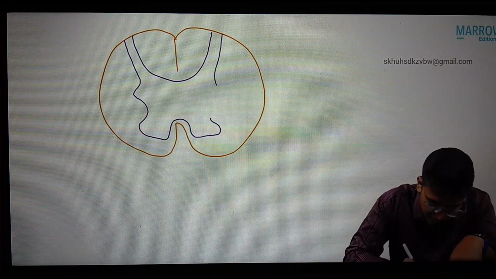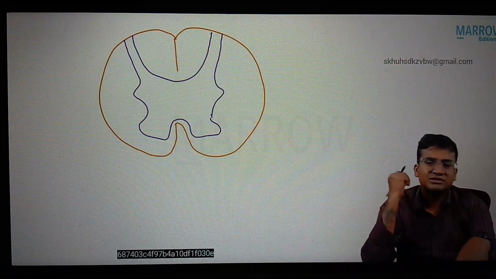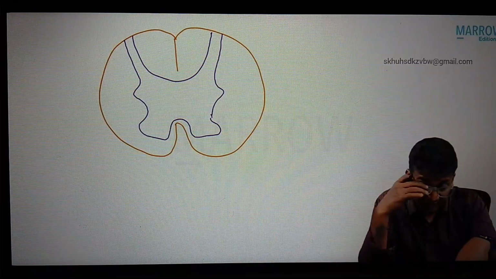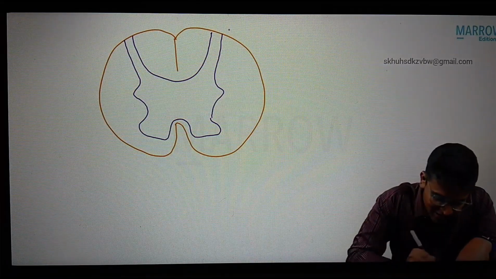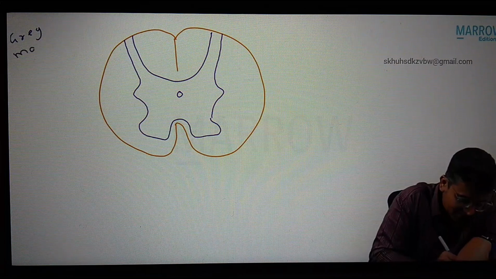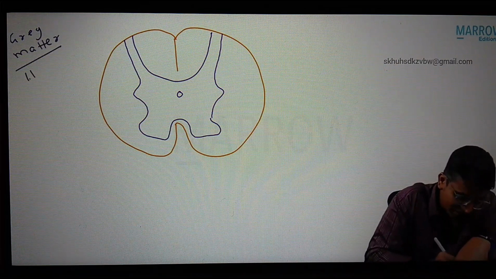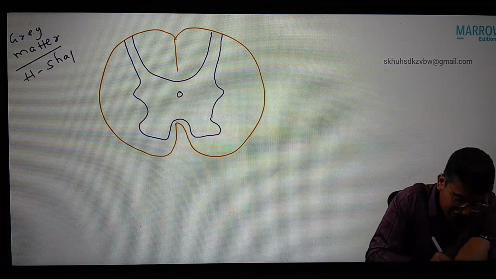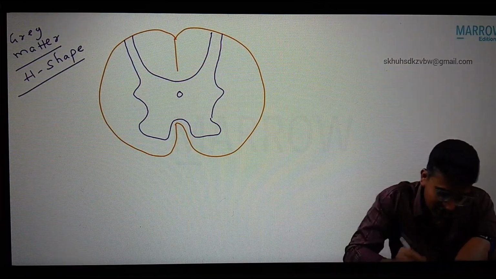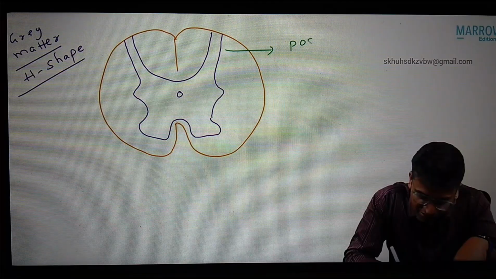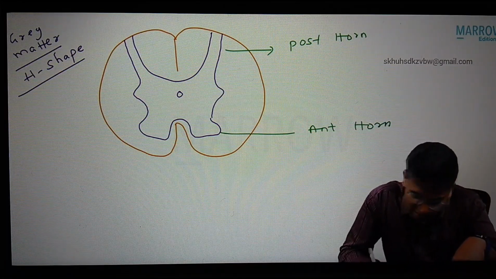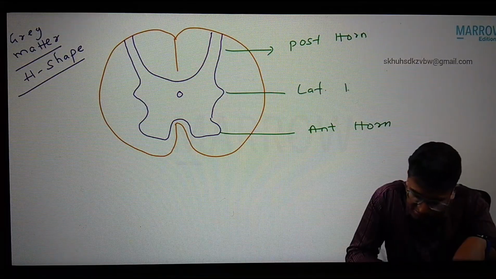The lateral horn is not present through the whole length of the spinal cord, only in specific levels. So this is the H-shaped gray matter. This is our posterior horn, this is the anterior horn, and this is the lateral horn.